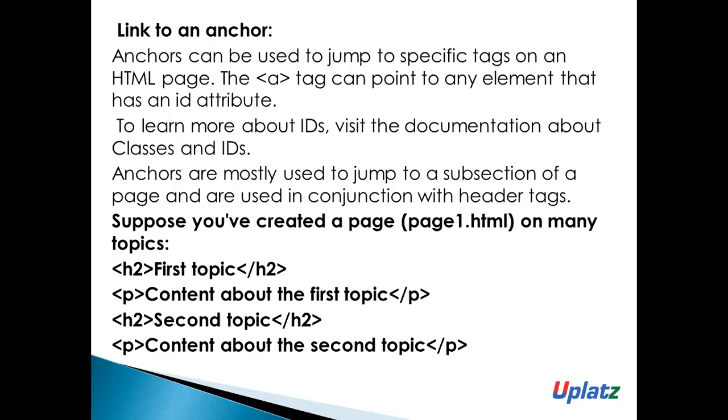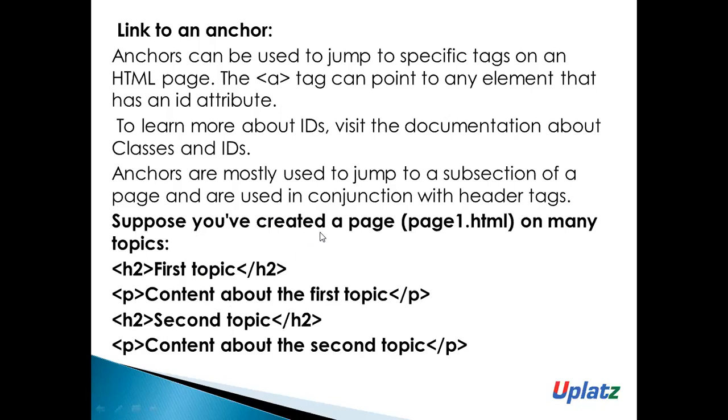In my JavaScript session I told you the difference between ID and classes, and in an upcoming session I will also explain it in more detail. Anchor tags are mostly used to jump to a subsection of a page, and also used in conjunction with the header tags.